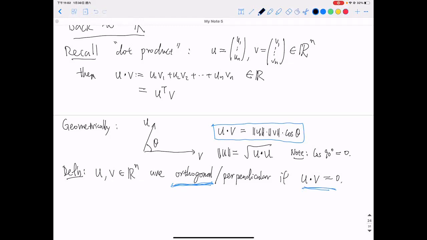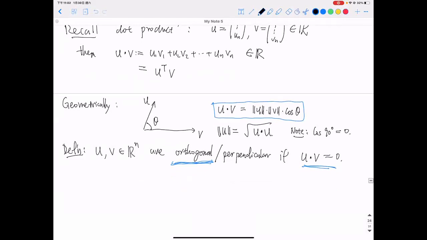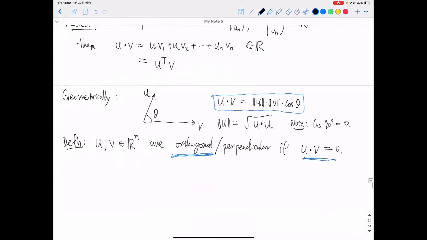Okay, so now we're going to consider the following notion. Suppose I have a set S of vectors u1, u2 up to up, a subset of Rn.